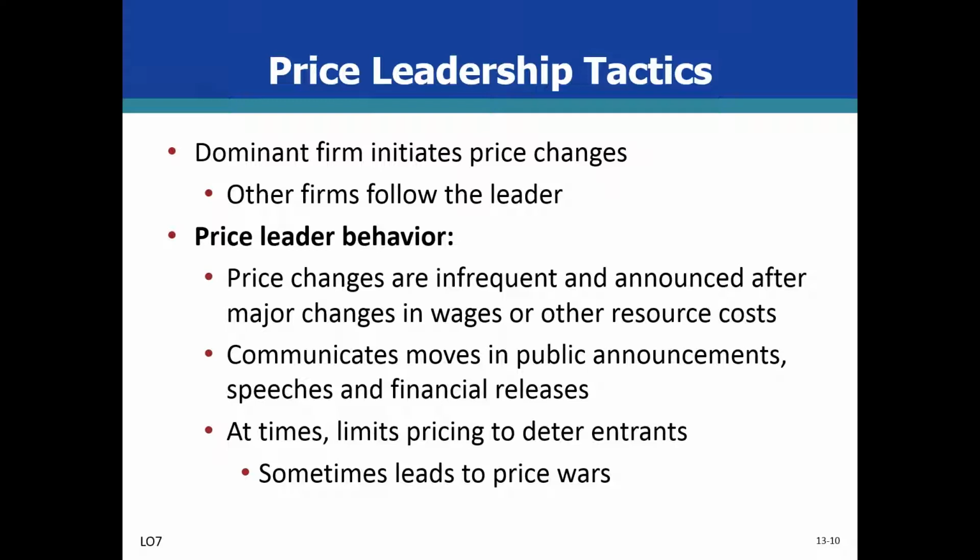How does it work? Well, the dominant firm initiates price changes and the other firms follow the leader. Many industries, including farm machinery, cement, copper, glass, and beer, are practicing or have in the recent past practiced price leadership.